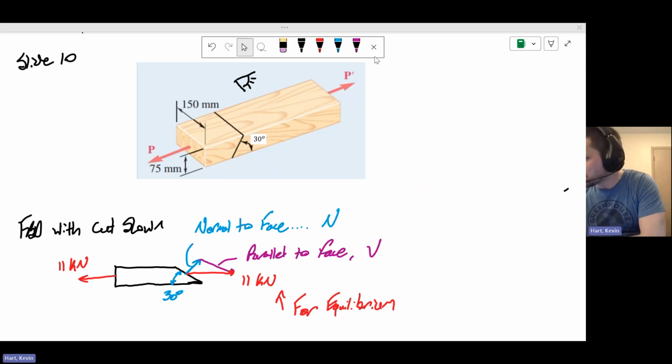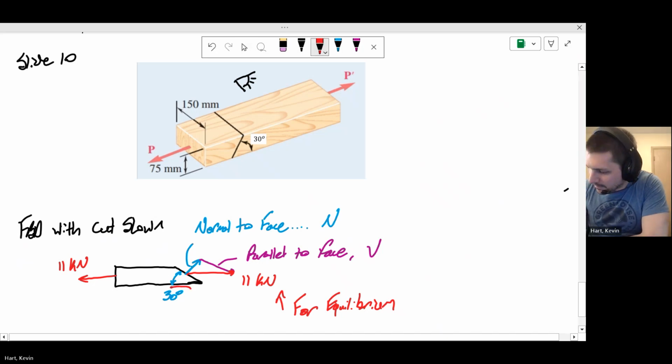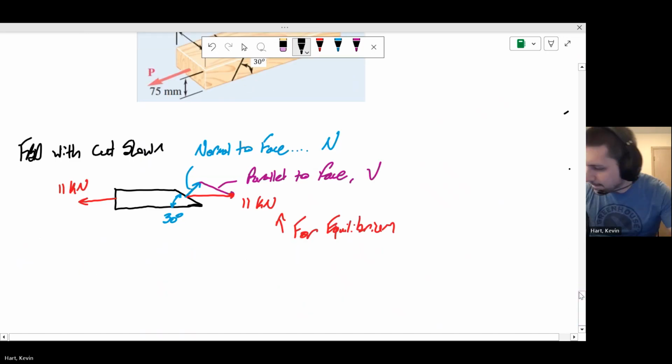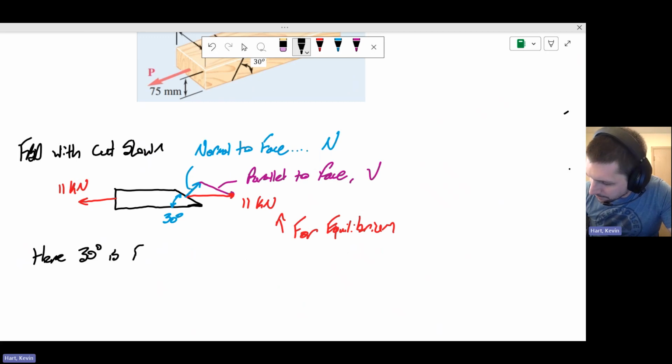In this particular case, our angle here is defined not from the vertical, but from the horizontal. So here, 30 degrees is from the horizontal.